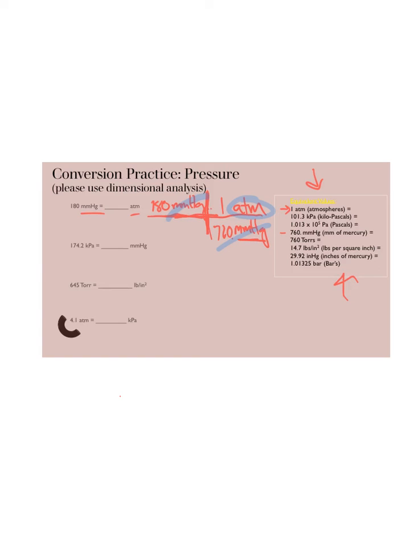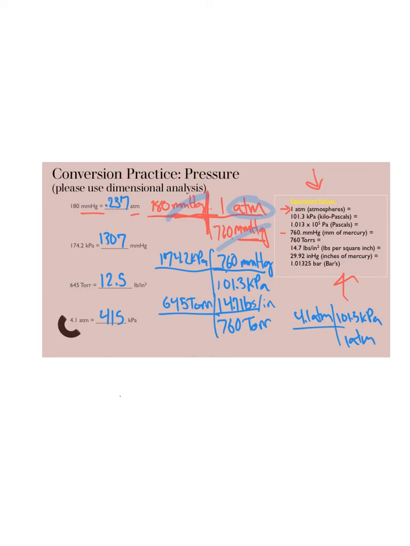The answer is 0.237. And what are the units? Well, mercury divided by mercury canceled out, so your units are in just atmospheres. So that's the process you would go about doing. Hopefully those are the answers you gave and the work that you showed. Overall, we know this was a long video, but you could use this video in a variety of different ways to help make sure you know the process.